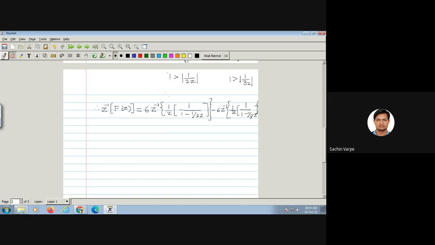So I'm writing directly f of k equals to 6 into the inverse z transform of the first expansion: 1 upon z into, what will it be, tell me, the expansion 1 plus 1 upon 2z, this is 2, plus 1 upon 2z square, that is 2 square z square, plus 1 upon 2z cube, that is 2 cube z cube, plus and so on.